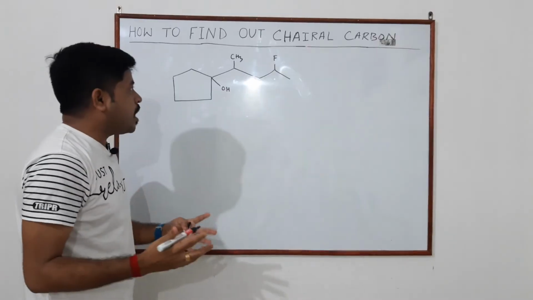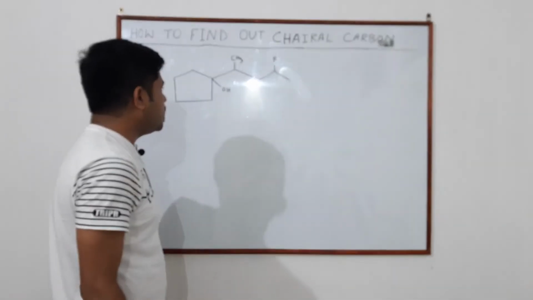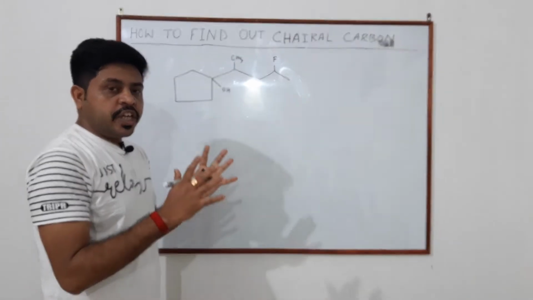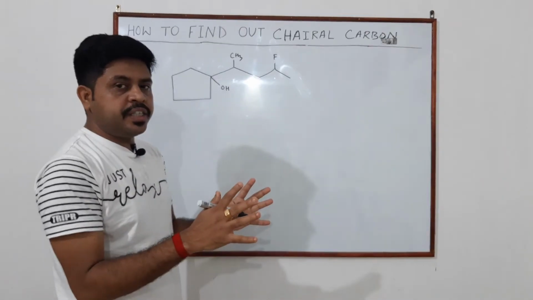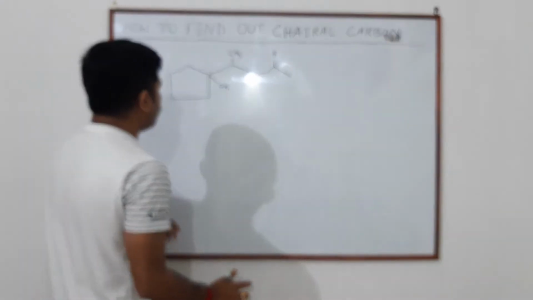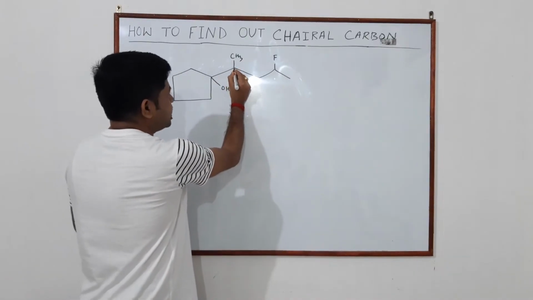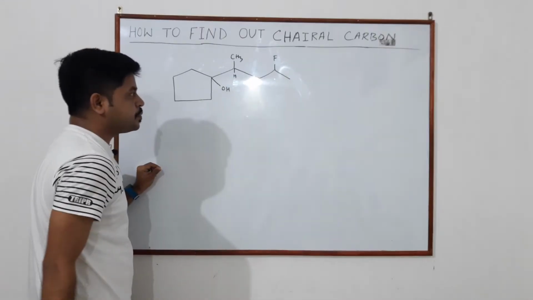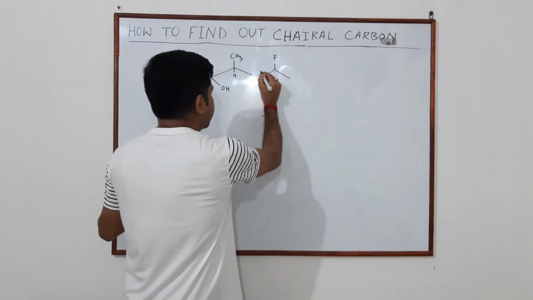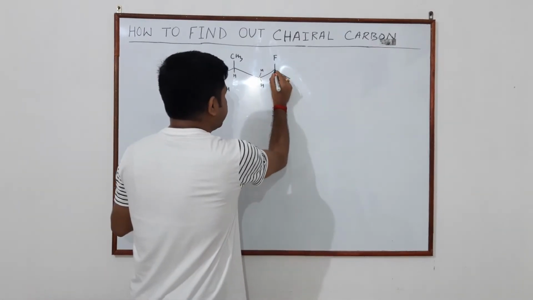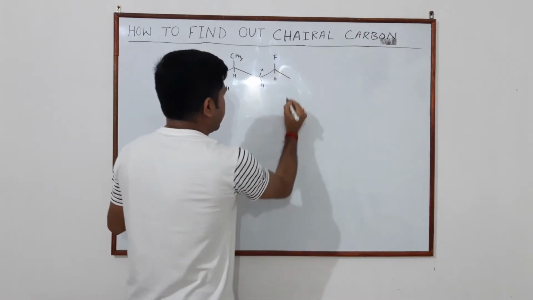To find out how many chiral centers are there, first we will assign the carbon which has four different atoms or groups of atoms. This center is attached with another hydrogen atom. This center is attached with 2 hydrogen atoms. This center is attached with another hydrogen atom.